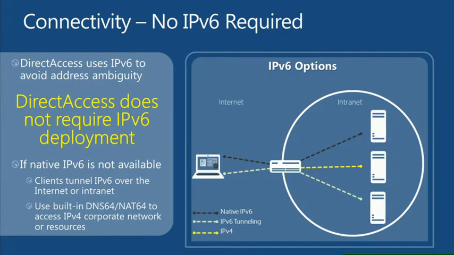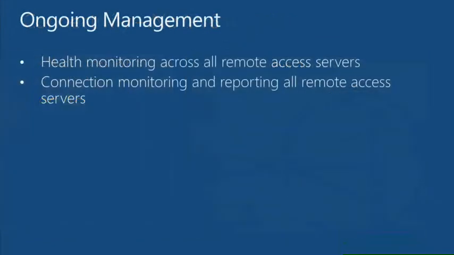And so your internal corporate network can be IPv4 only, and the DirectAccess server will do that translation back and forth between v6 and v4 and vice versa. So again, the takeaway from this is no IPv6 required on your corporate network.